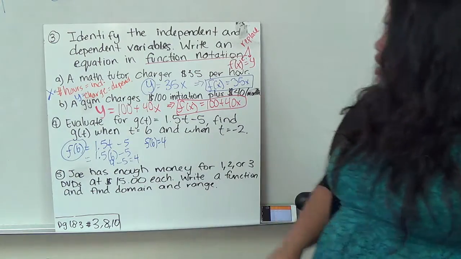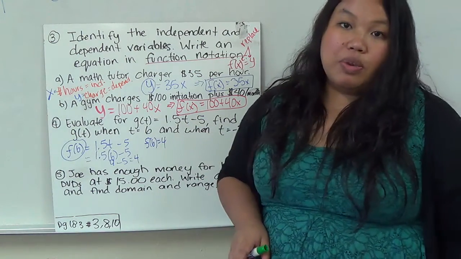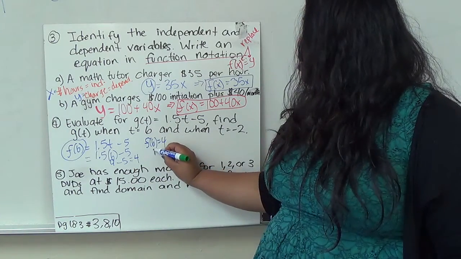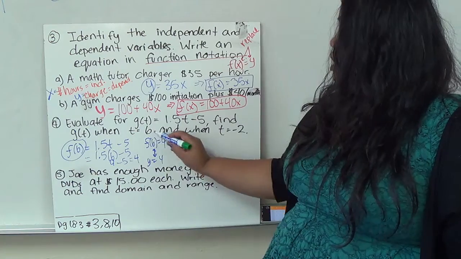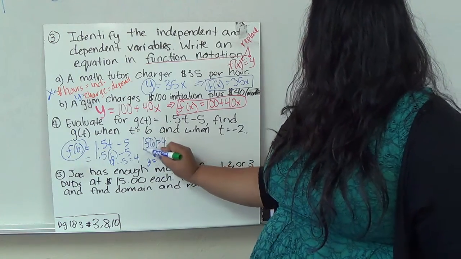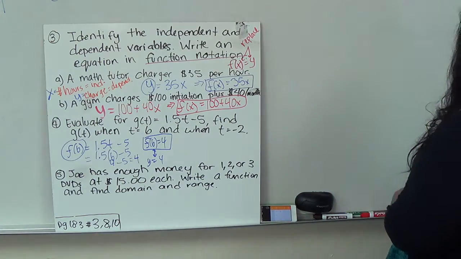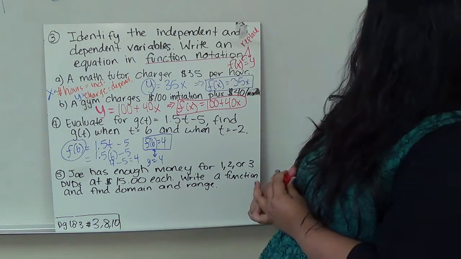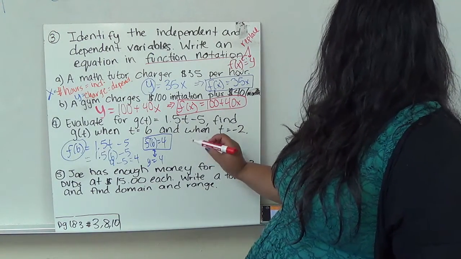The only thing that's telling me is that if I replace t with 6, my answer would be 4. This would be the same thing as saying y equals 4, because these are interchangeable. So that's my answer.